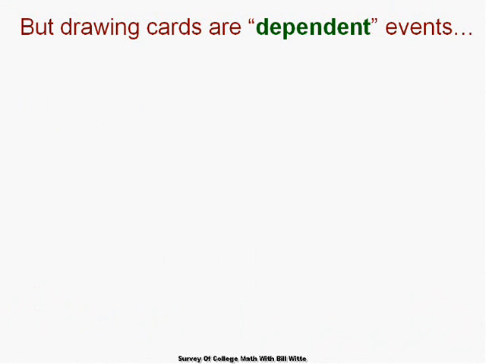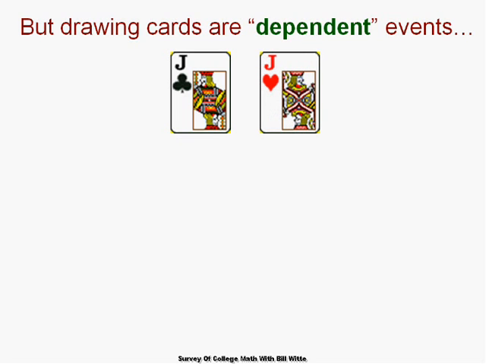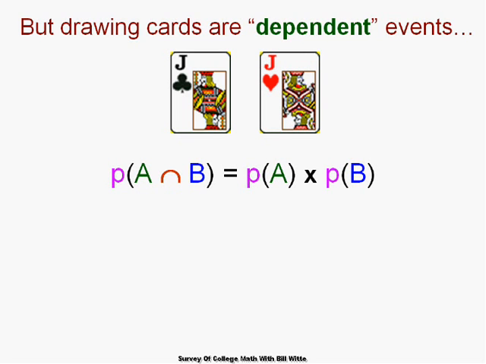But drawing cards, of course, if you don't replace them, are dependent events. Remember pulling our 2 jacks? The probability of pulling both jacks from a deck of 52 cards is not going to be the probability of getting 1 jack times the probability of getting another jack, because we didn't replace it.